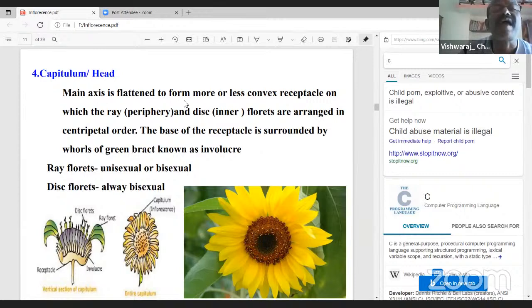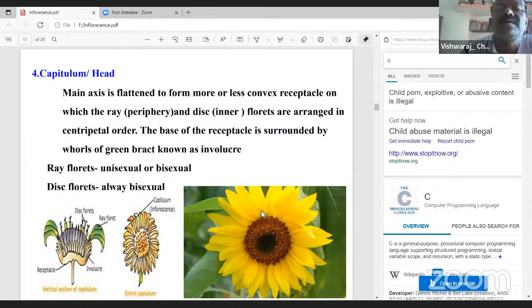The main axis is flattened to form a more or less rounded structure, the receptacle, and a number of flowers develop on it. But in Suryaphul, the sunflower, two types of flowers develop.